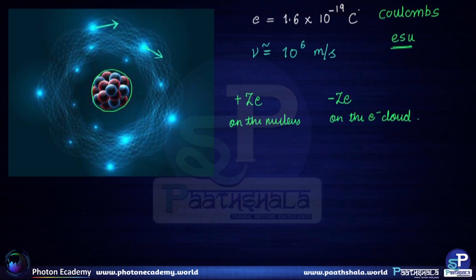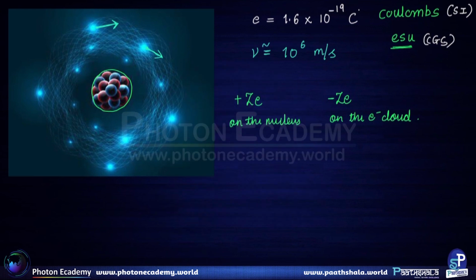The CGS unit of charge is called ESU, electrostatic unit. This is the CGS unit of charge. So the SI unit is coulomb and the CGS unit is called ESU.